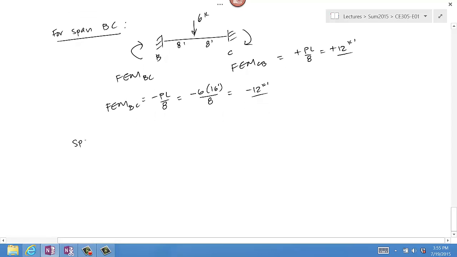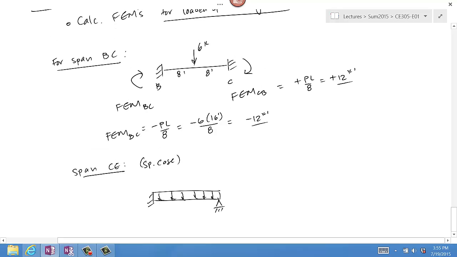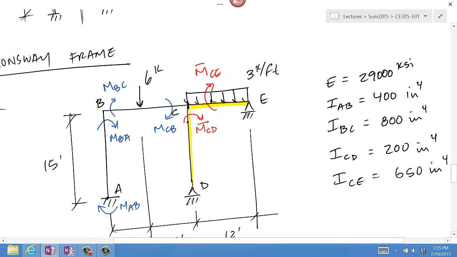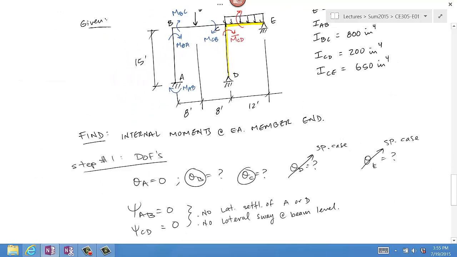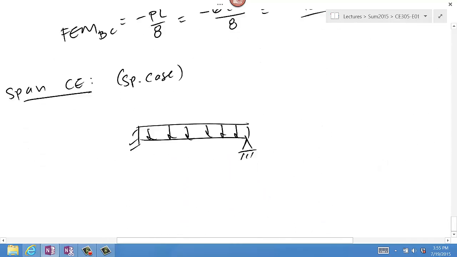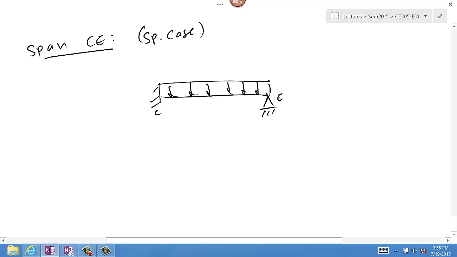And then for span CE, this is a special case span. We have to model this like this. Again, this is a special case span, span CE right there. So it's as if this joint were fixed. Three kips per foot.